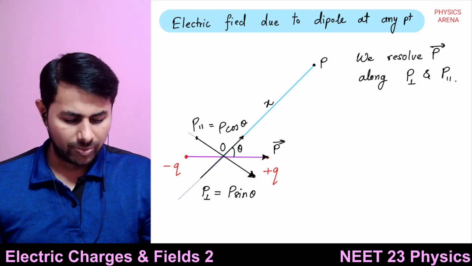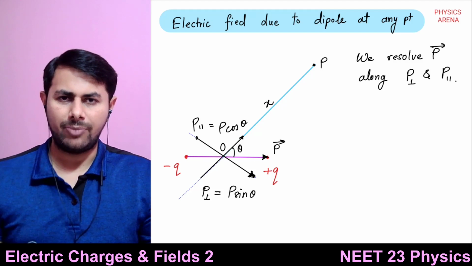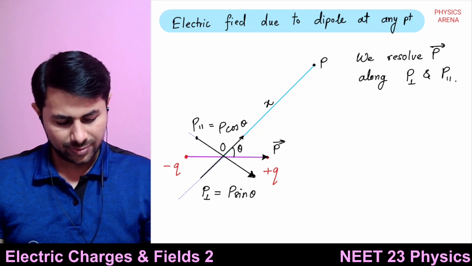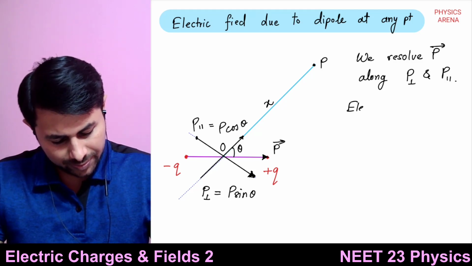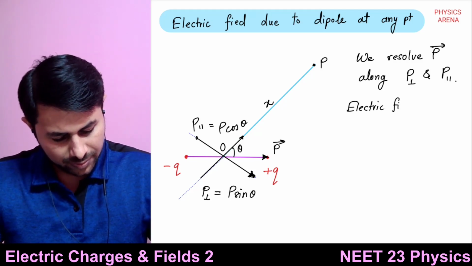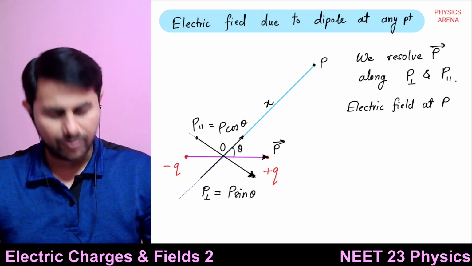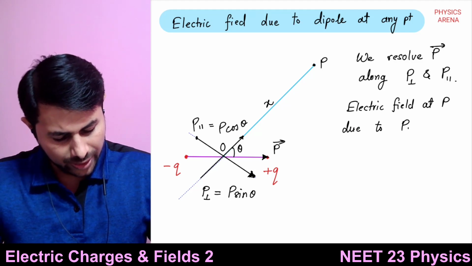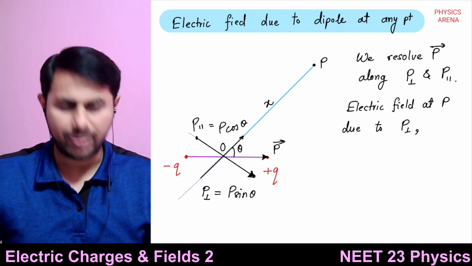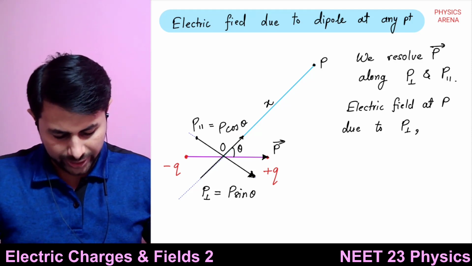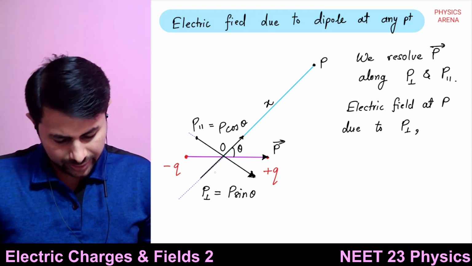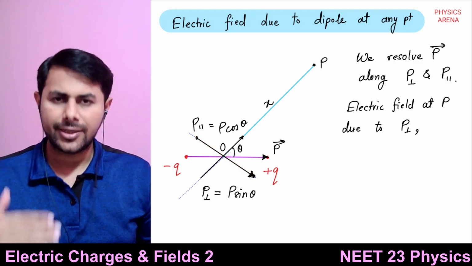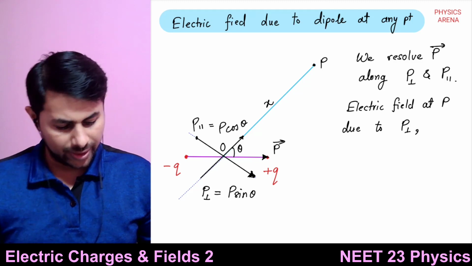Now how much would be the electric field at point P due to P perpendicular, the perpendicular component of electric dipole moment? This point is an equatorial point for P perpendicular.